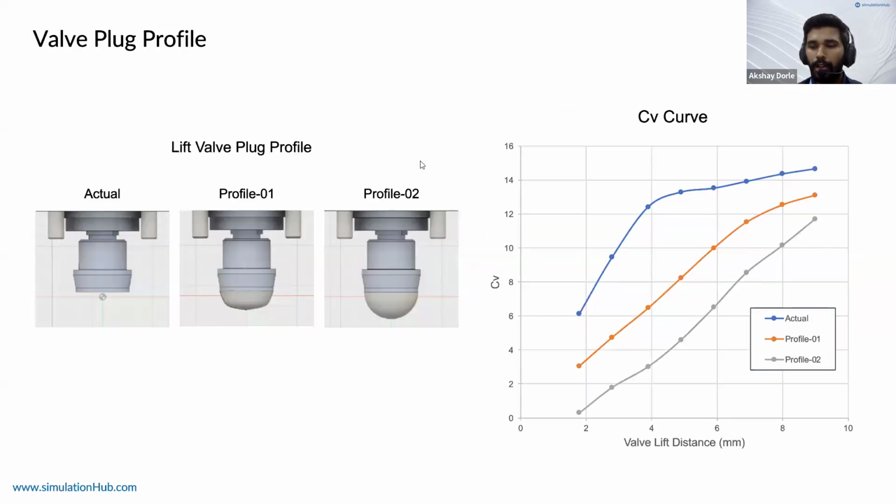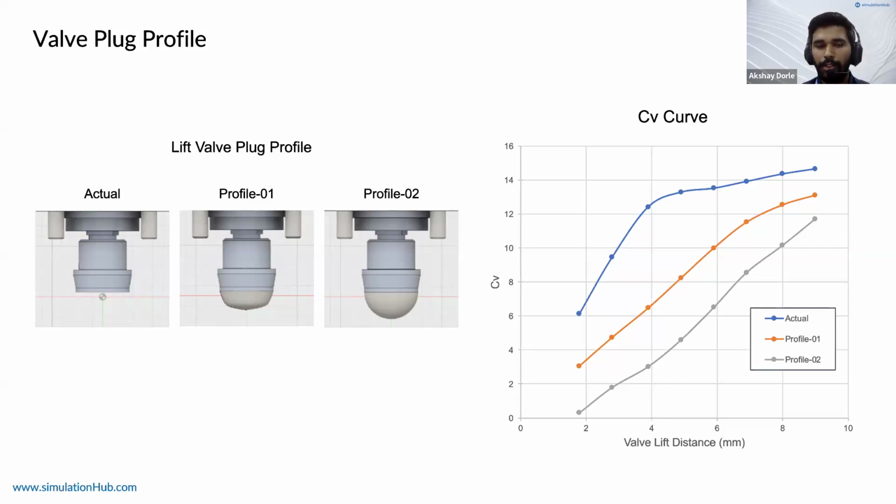So to actually understand the impact of trim design on flow characteristics, we, as curious CFD engineers, went through some quick Google search and some quick reading through references, and we designed three different plug designs for a globe valve.